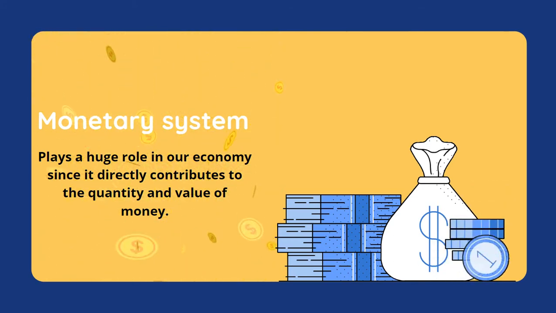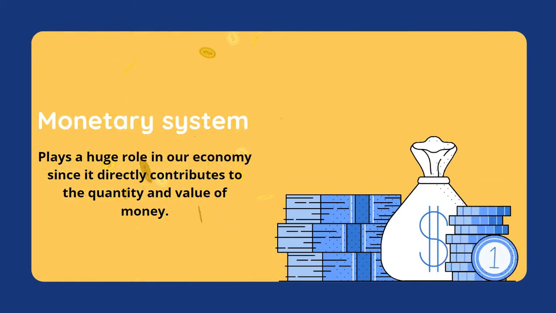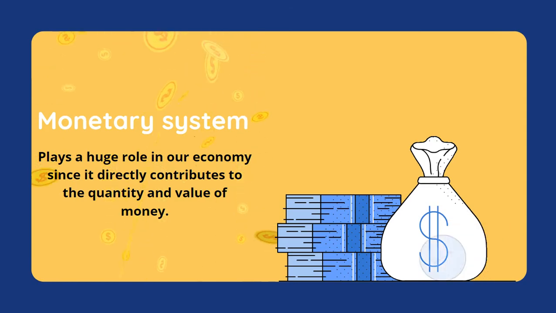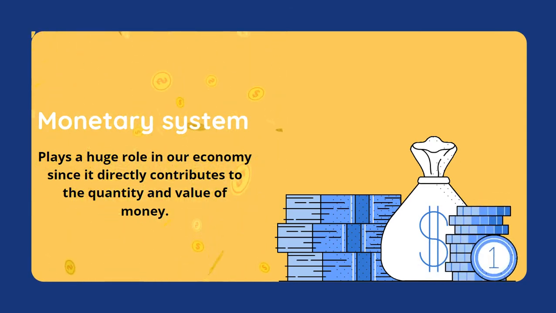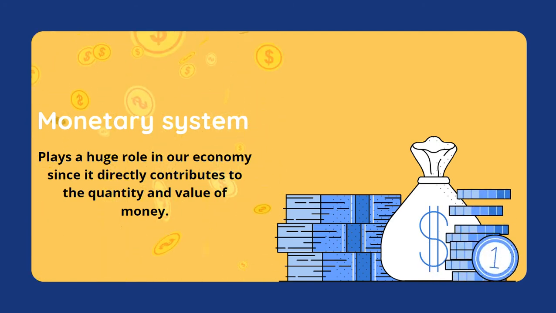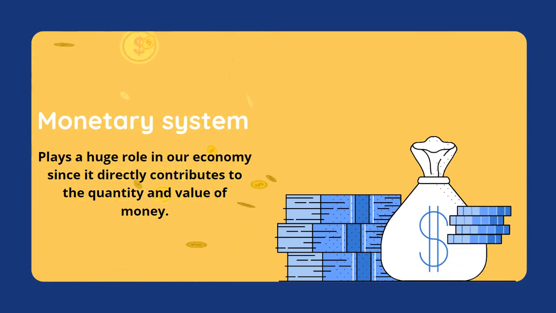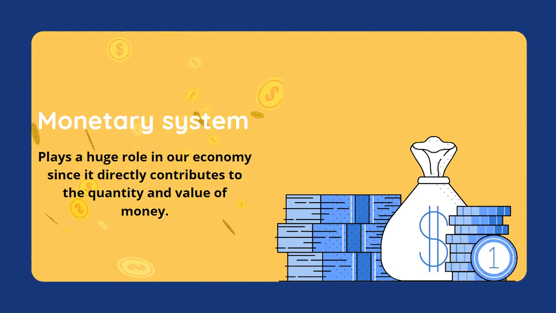So, there are three types of monetary system. Okay? First type of monetary system, commodity money. We also have commodity-based money. And the most common type of monetary system is the fiat monetary. Fiat money.